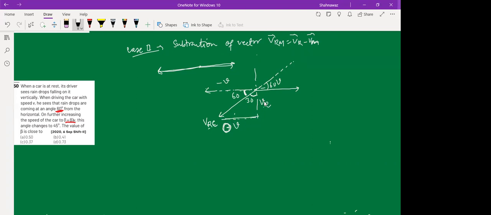This is VR, so we can get the relation between VR and V. So tan 30 will be P by B. P is the side opposite to this base angle. So this is V and this is VR.